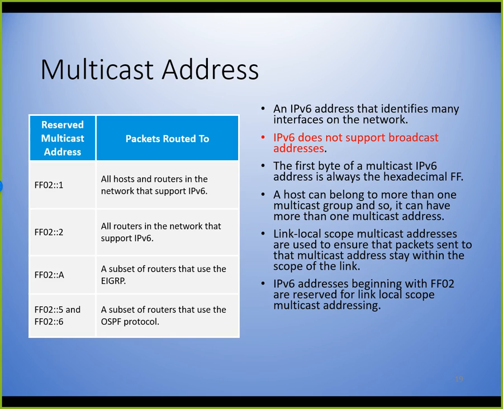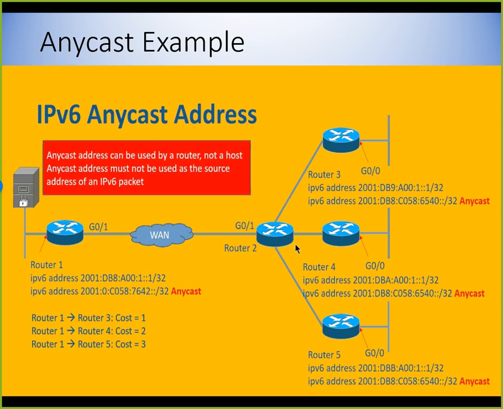An address that identifies many interfaces on the network is a multicast address; the first byte is FF. So the verbiage here, I think, is the same thing that I was saying over here. But FF02 is how these are going to start.